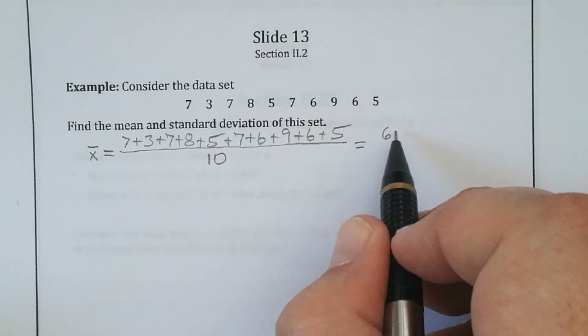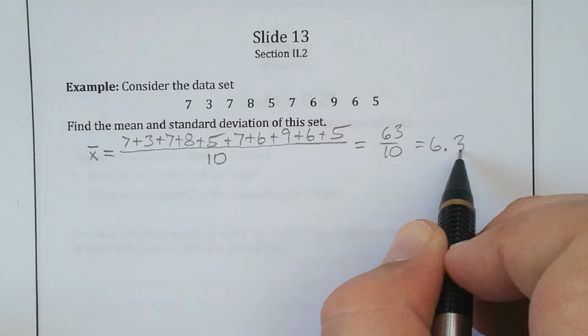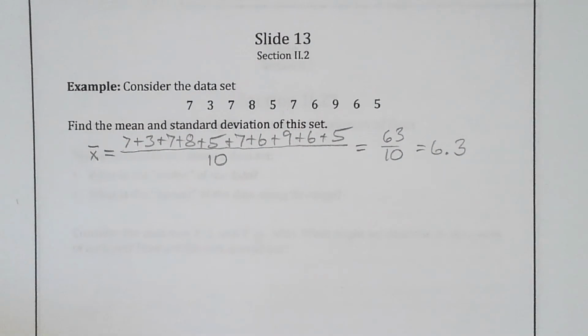So I'm getting 63 over 10, which is 6.3 for the mean.